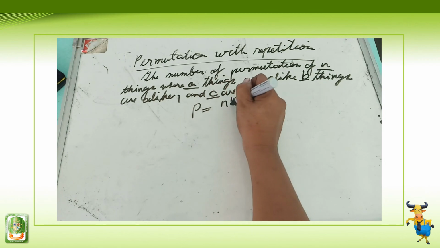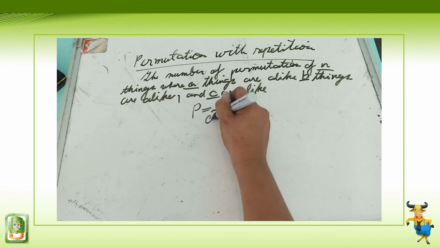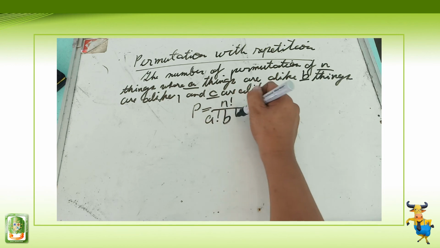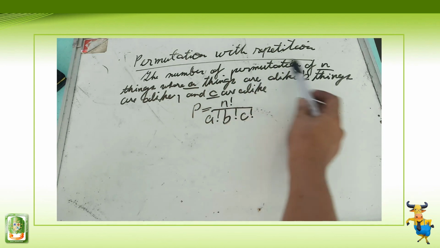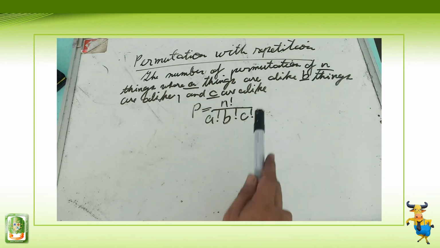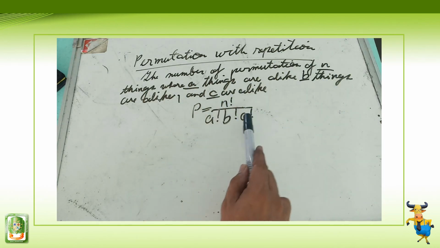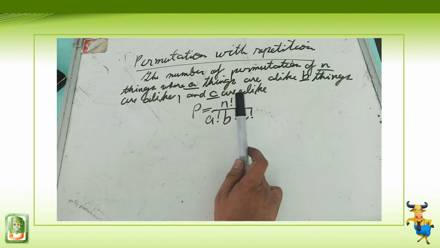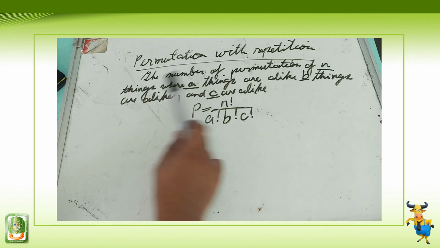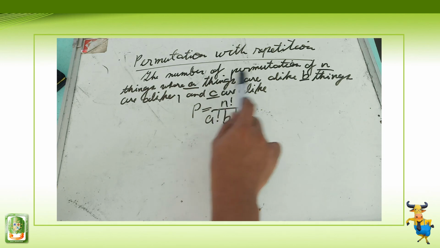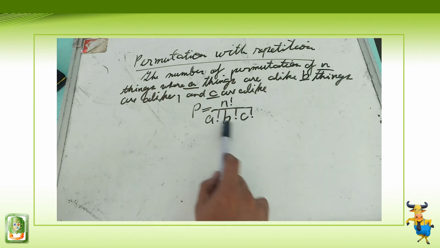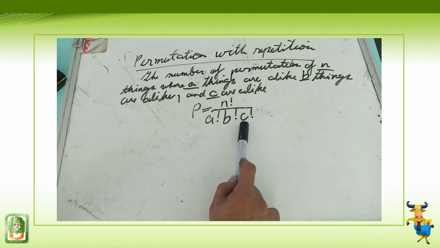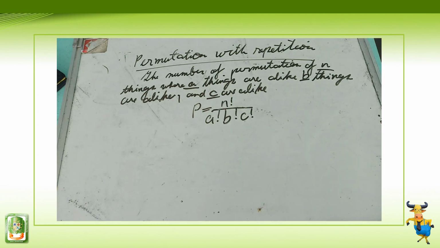So P is equal to n factorial over A factorial, B factorial, and C factorial. So ilan yung letters ng word na yun? Then A things are alike, B things are alike, and C are alike. So hanapin mo pare-parehas yung letter.